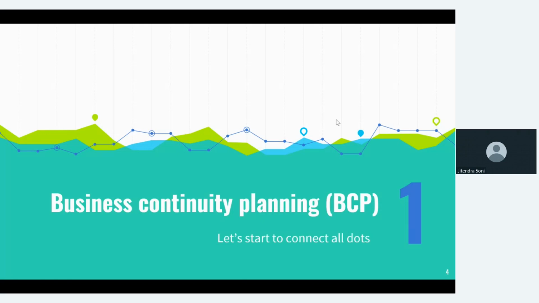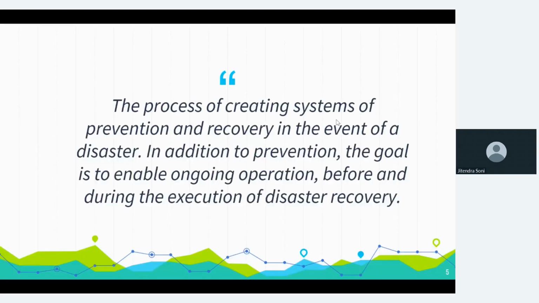With the Sitecore Managed Cloud, because it's sitting in the cloud, there should be a plan that if something goes wrong in that particular data center or zone, do we have any backup system? Those kinds of things we'll discuss here. It is the process of creating a system of prevention and recovery, pretty standard, covering how we will execute the disaster recovery.